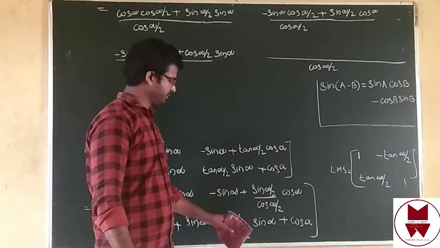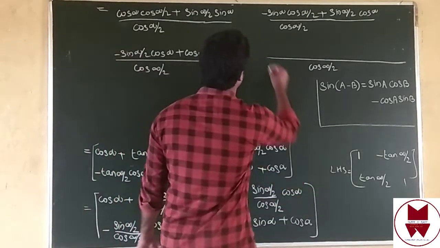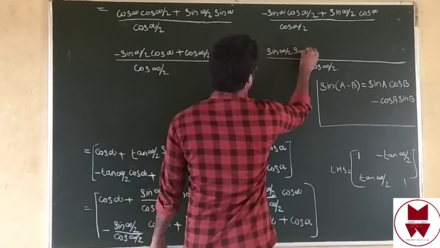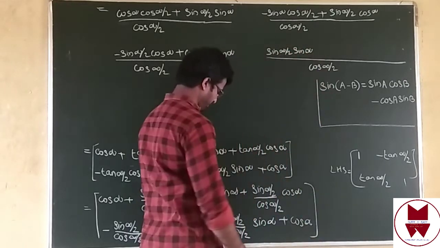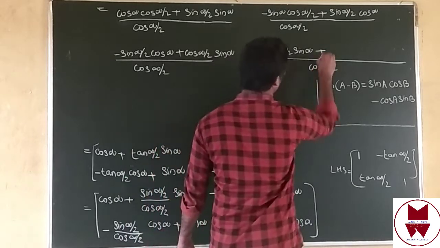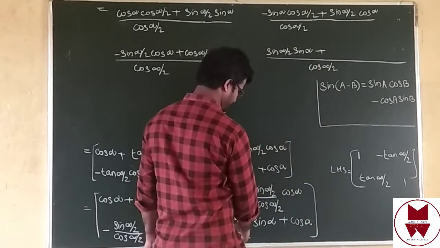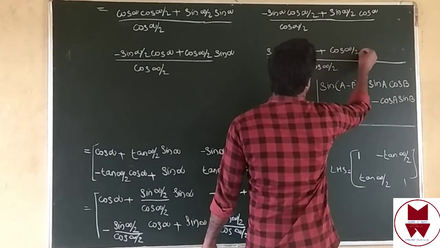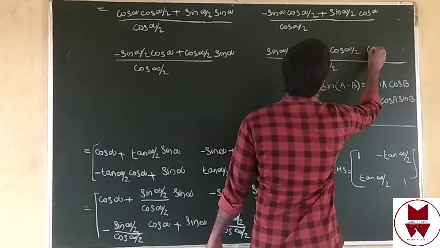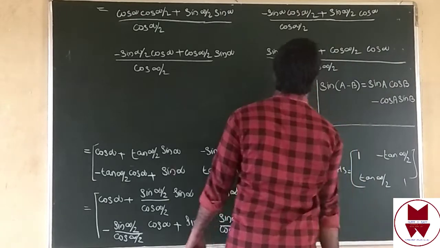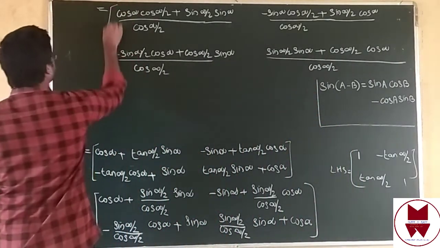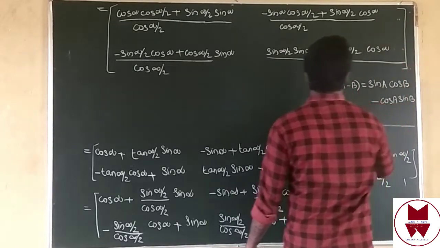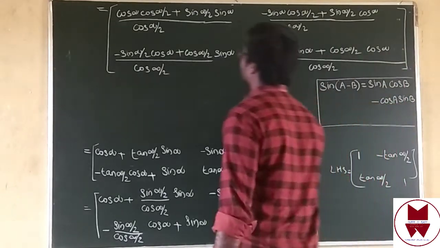Then sin alpha by 2 sin alpha, and then this 2 plus cos alpha by 2 cos alpha. This is our formula.